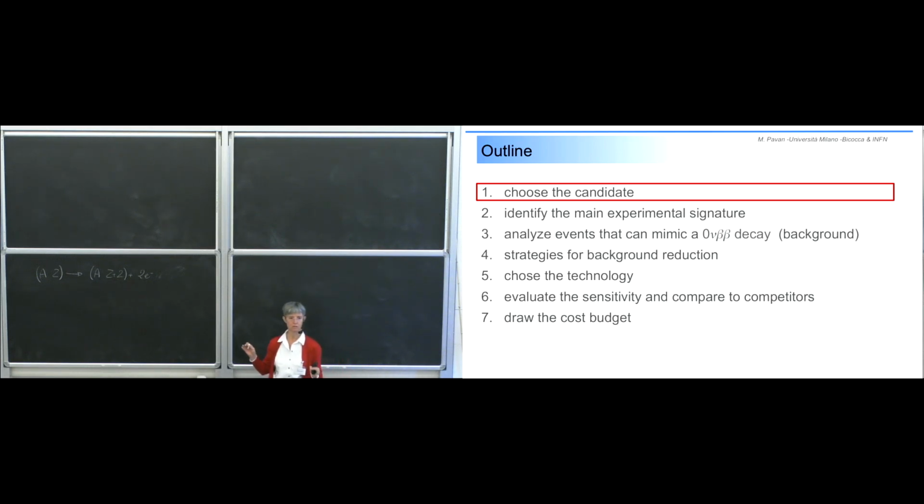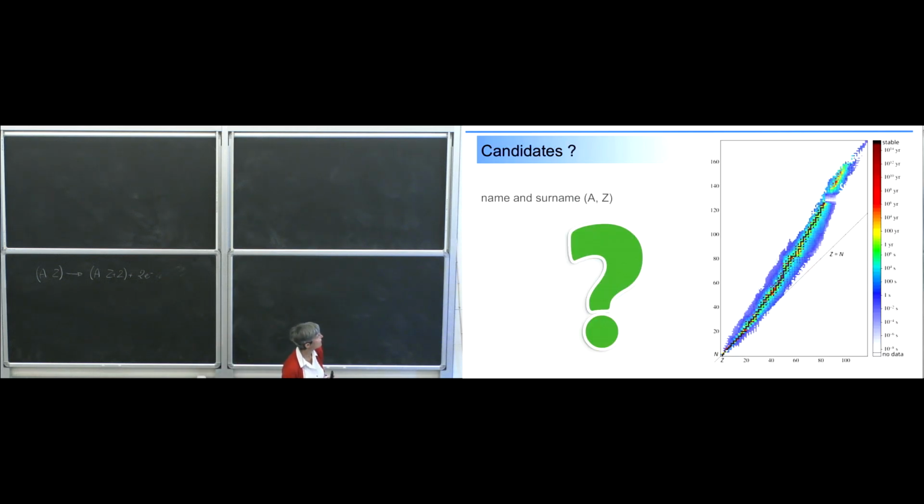So the point is how can I choose candidates in the table of isotopes. Which are the candidates, and which are the good candidates? Where can I start to look for candidates? Have you any suggestion?